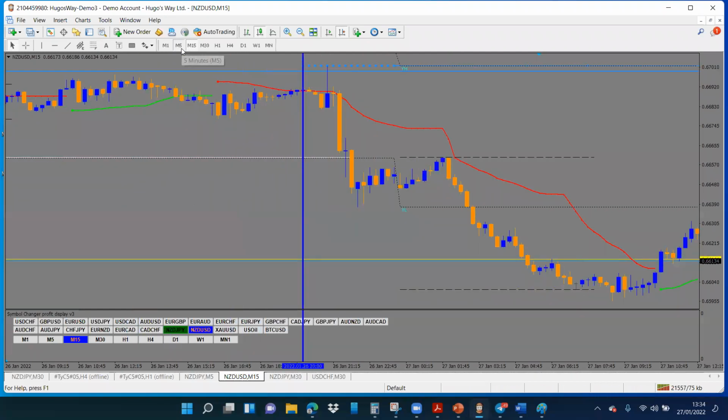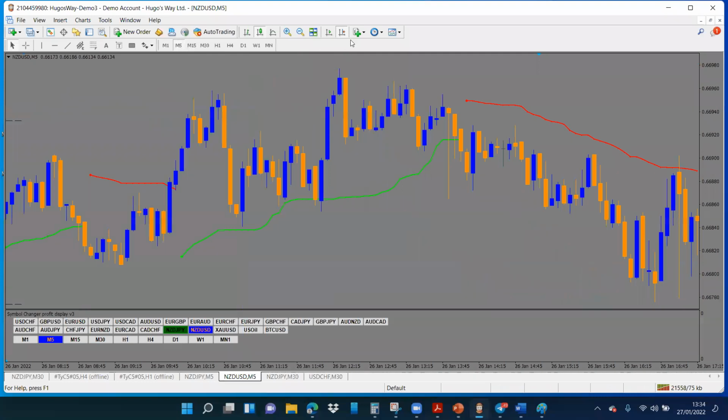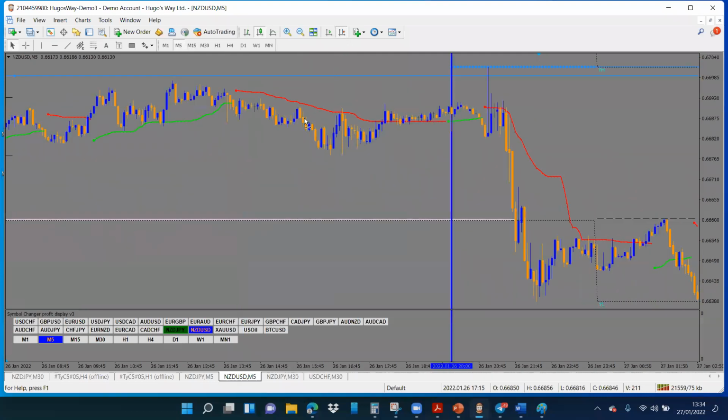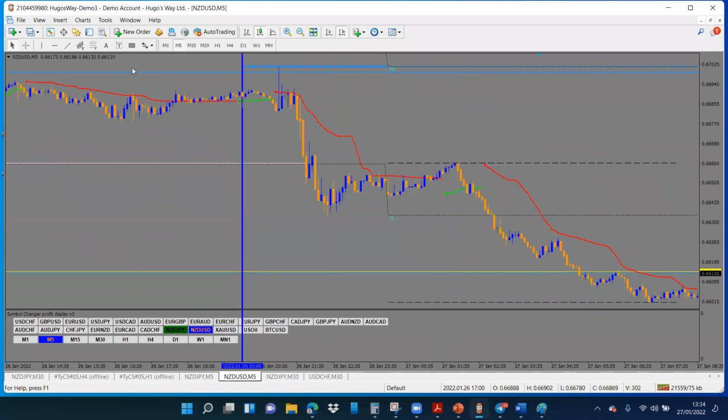So let's use this method. You could do this on 5 minutes if you want to scalp fast and get out and go do other things with your day, or you could do this on 15 minutes if you want to be a little bit more conservative. For those of you, when I cover the long term, we'll be doing this on 30 minutes using 4 hours. So let's come here and I'm going to change a setting.